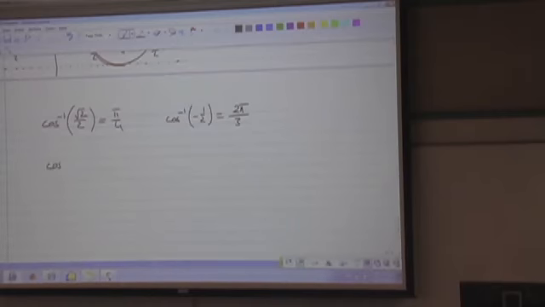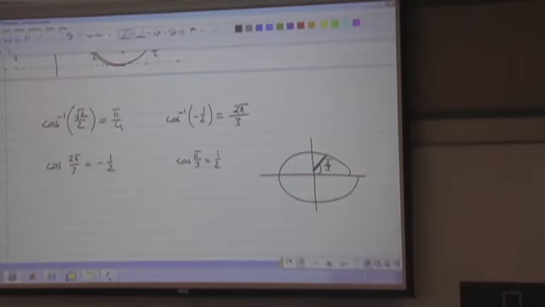Cosine of 2 pi over 3 is equal to minus 1/2. And so that means cosine inverse of minus 1/2 is 2 pi over 3. Now why is cosine of 2 pi over 3 minus 1/2? You could technically memorize it, or you could just remember the fact that cosine of pi over 3 is equal to 1/2. If you think about your circle, you're at pi over 3.